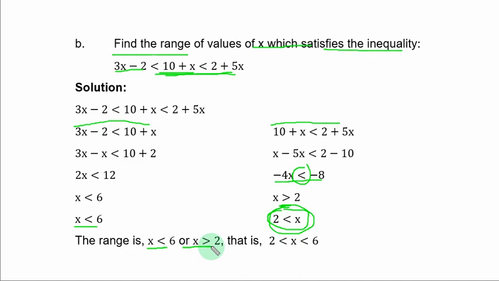But putting it together, you need to reverse this to 2 less than s, so that you have 2 less than s less than 6 as the range of values of s which satisfies the inequality.